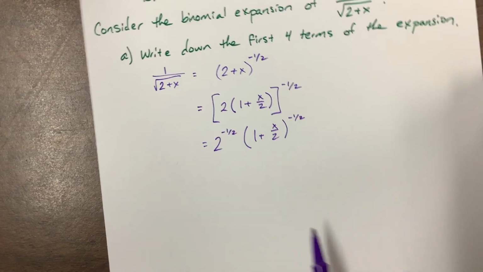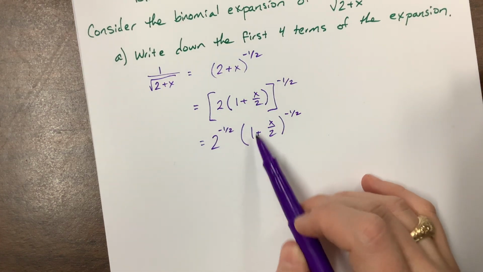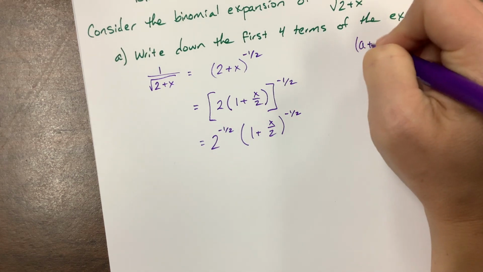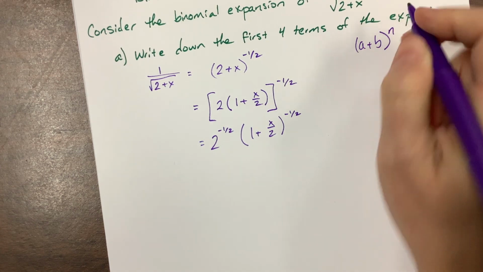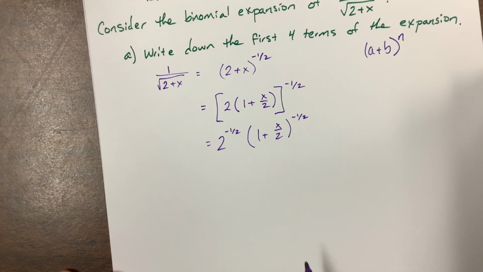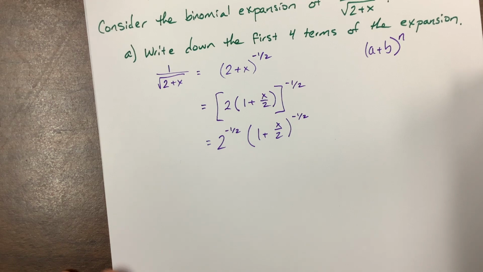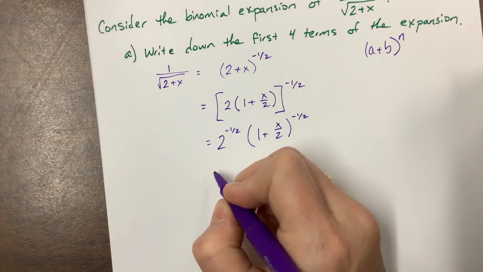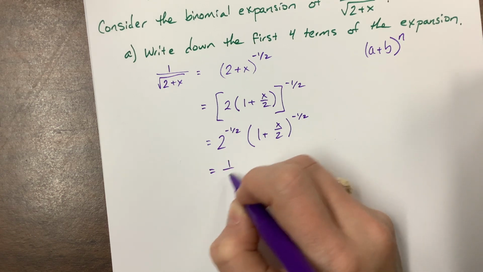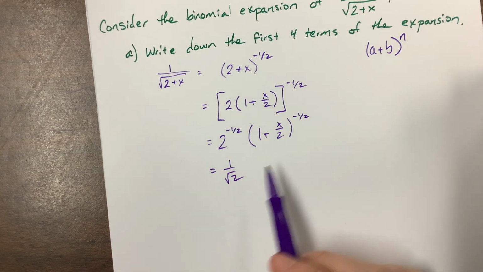So the book's example works with, if you're thinking of this as a plus b to the n, a is now 1, is how the book works through our problems. I don't know that it has to be, but let's make sure we understand what they're showing us, and then we'll go from there. Okay, so this is 1 over root 2, if we want to write it that way.